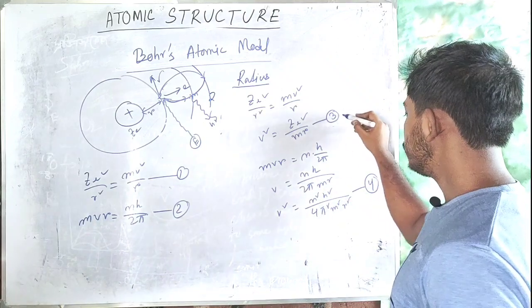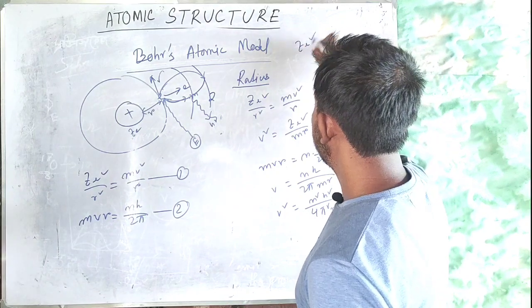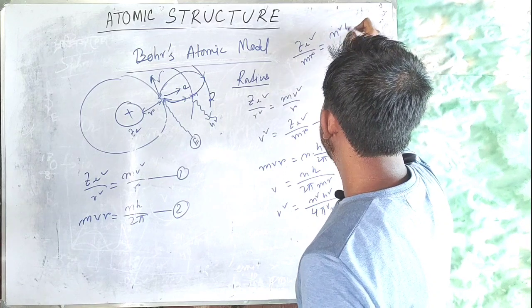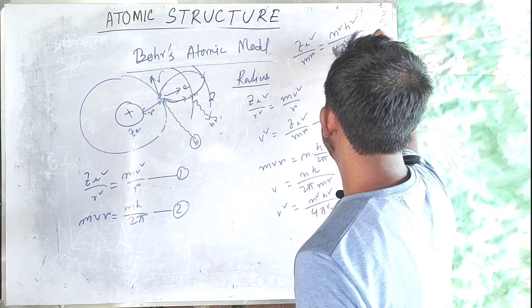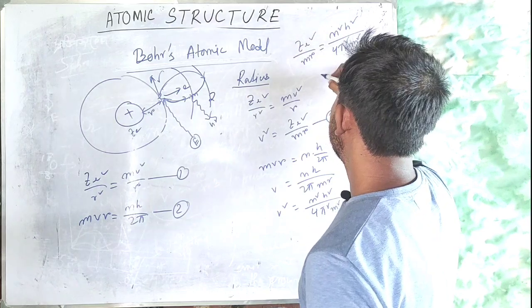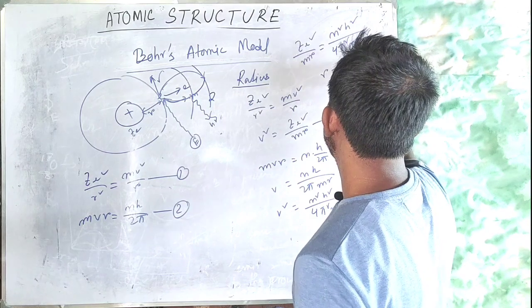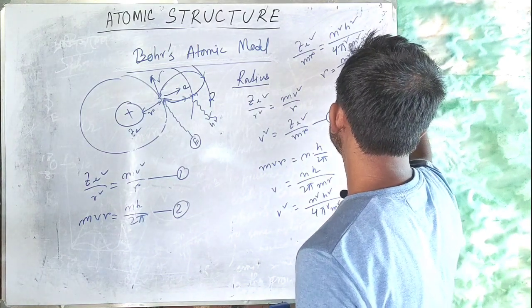Now from equations 3 and 4 we can say that Ze²/mr will be equal to n²h²/4π²m²r², or r will be equal to n²h²/4π²mZe².